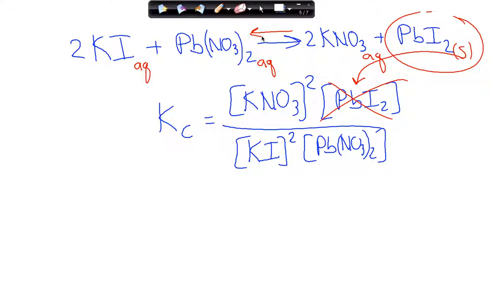When we disregard it here, it doesn't mean we get rid of it from the balanced equation. It's got to be there or this doesn't represent the chemistry. That said, it doesn't get represented here because by definition this is a Kc, and it doesn't have a concentration. Does that make sense? So it's got to be there, it just never appears in the expression because it doesn't have a concentration. You good on that? Okay.